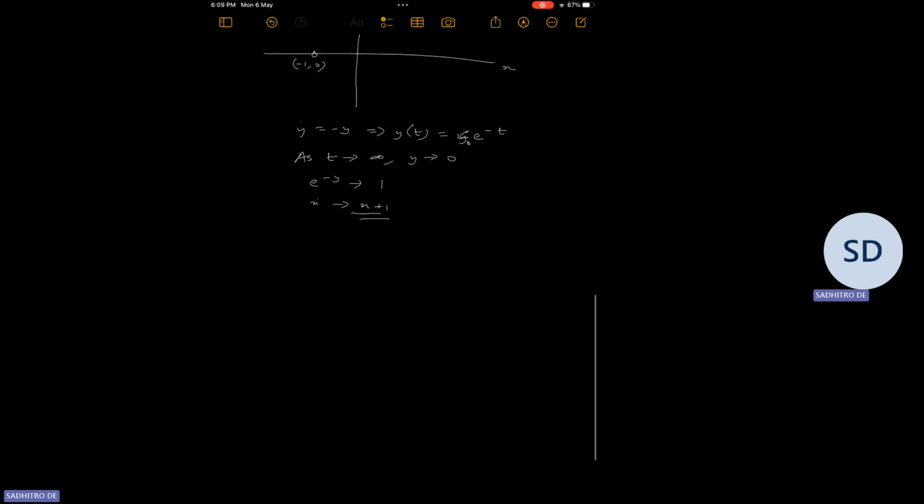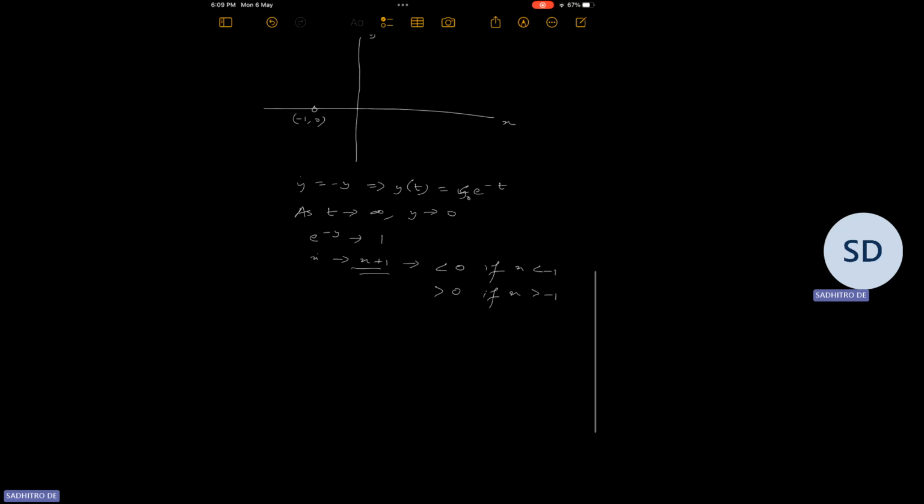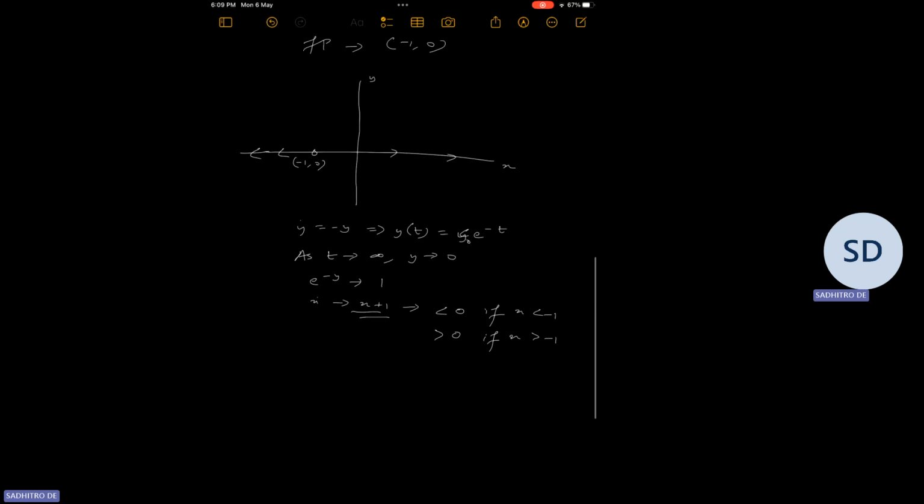You see that x plus 1 is less than 0 if x is less than minus 1, and greater than 0 if x is greater than minus 1. So this tells me the flow along the x-axis will be in this particular direction. Therefore, since the flow is away from the fixed point over here, the fixed point is an unstable fixed point.